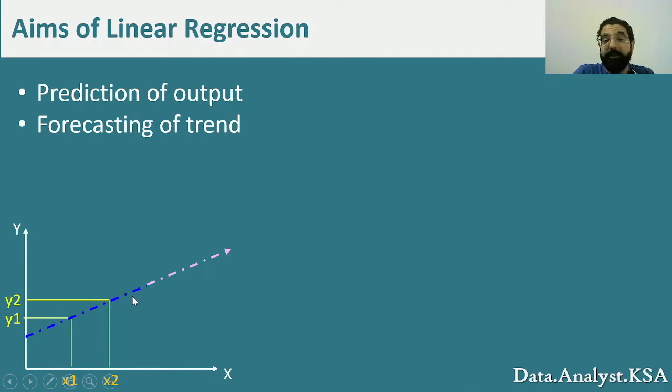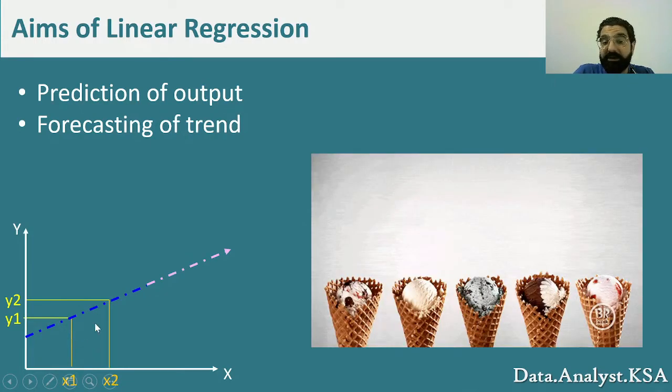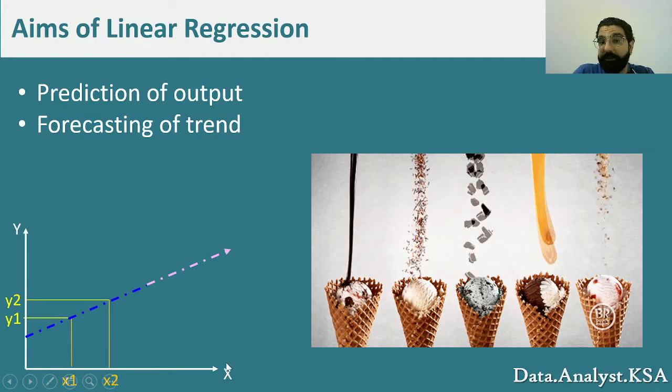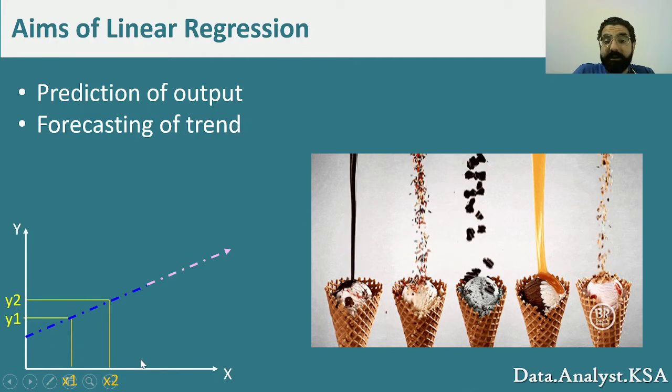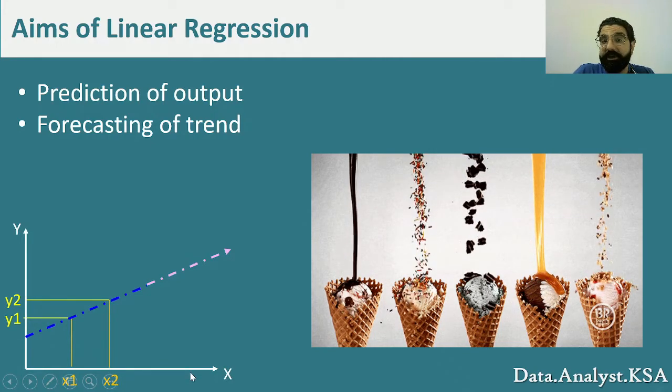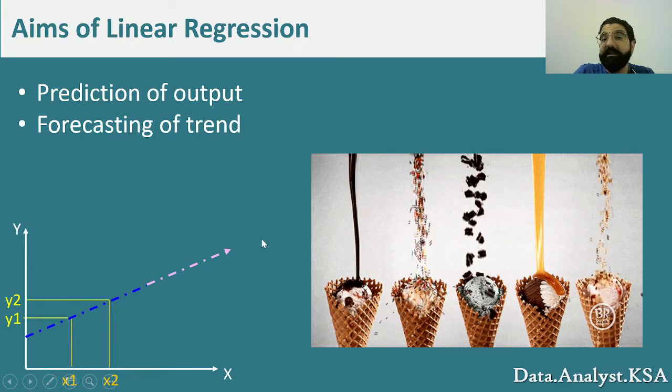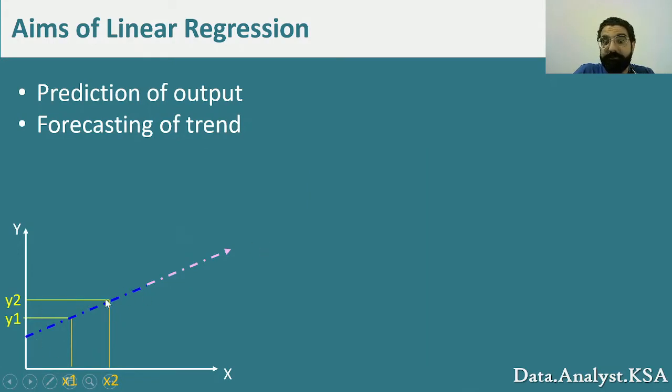For example, if we are talking about an ice cream shop and our x variable represents the temperature, then we can forecast that as the temperature increases, the sales will still increase. By knowing a few observations, we can predict a relationship whose trend we can forecast in the future.